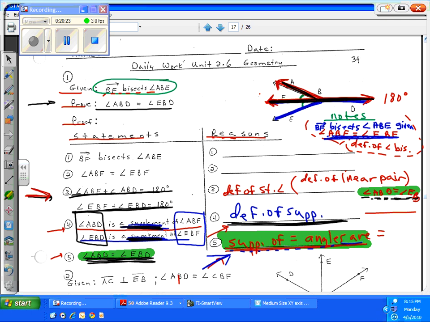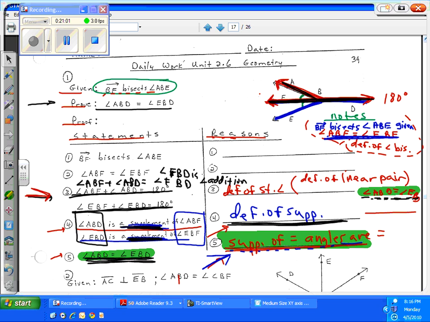And we have taken a little bit of liberty because it could be that someone would want to say that this angle plus this angle is equal to the whole big angle, and the whole big angle is 180 by definition of a straight angle. And so the sum of those is 180 by substitution. So there is the possibility of the statement that angle ABF plus angle ABD is equal to the whole big angle, angle FBD, and that would be angle addition.